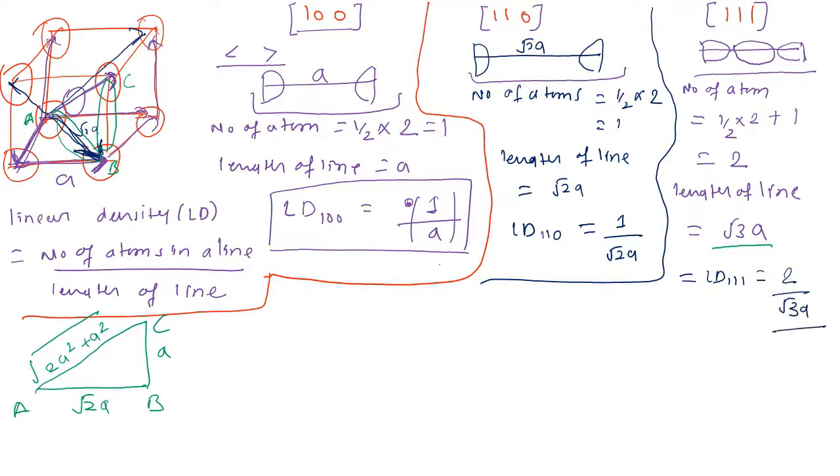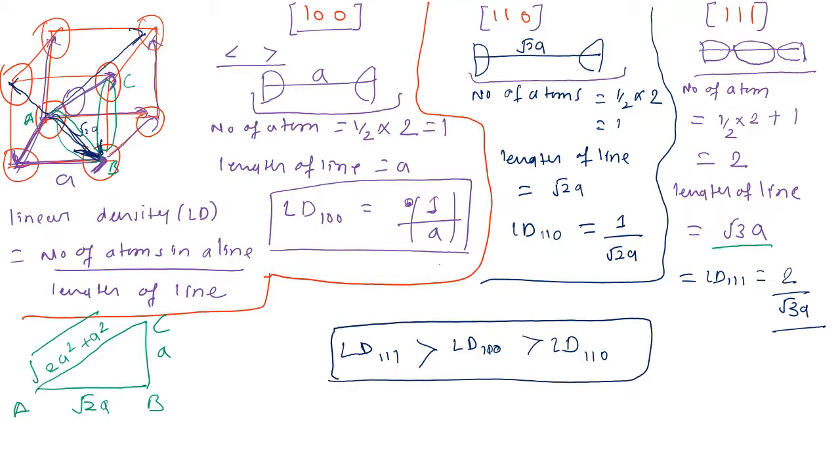Now carefully analyze which one has the largest linear density. You can say the linear density of 111 is the largest, the second is the linear density of 100, and the least linear density in the case of BCC is the 110 direction.